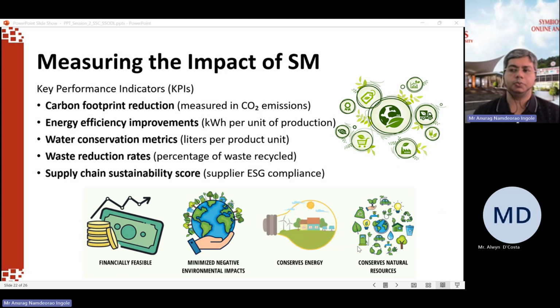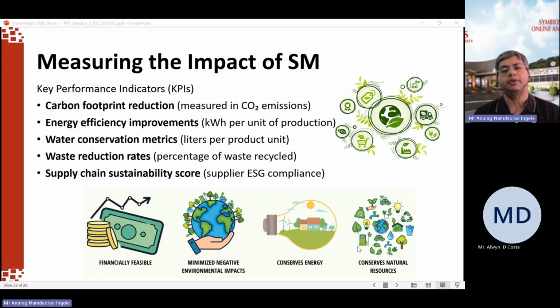Can I treat that water and reuse it for these secondary uses? That is nothing but water conservation. But per unit of my product, how many liters of water have I conserved? That can be a metric which I can, with pride, showcase to the world that this is how I am being sustainable.